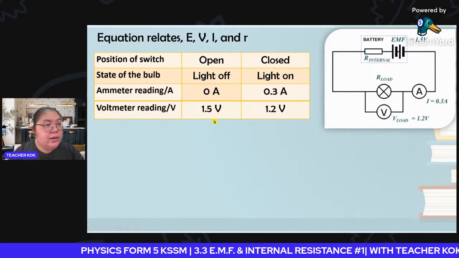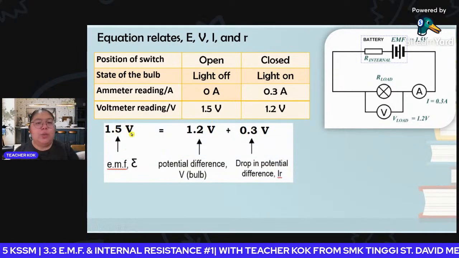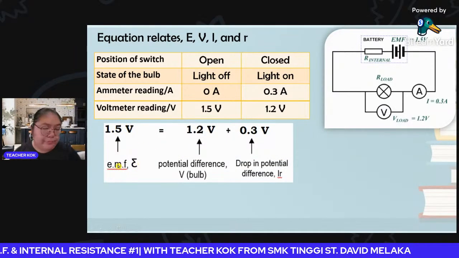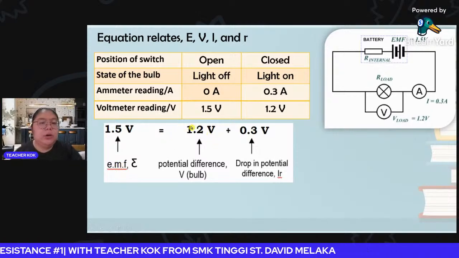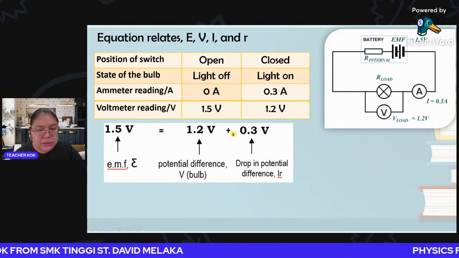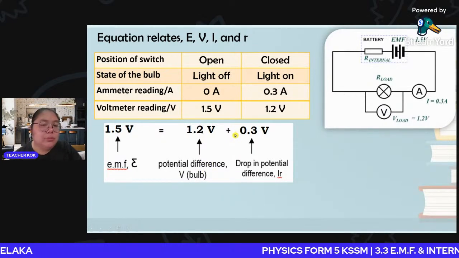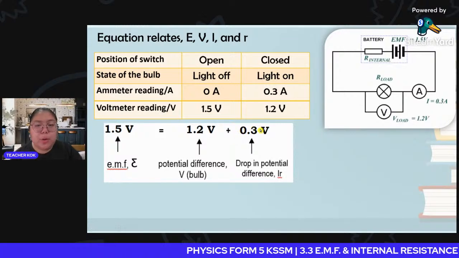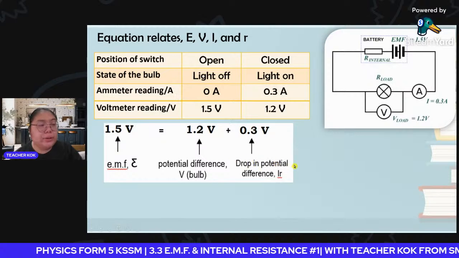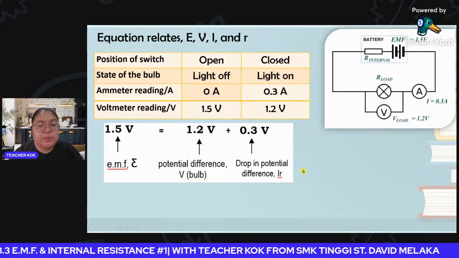Now I write the whole equation. 1.5 volt EMF equals 1.2 volt potential difference for the bulb plus what? The voltage drop. How much drop? 0.3 volt. This we call the drop in potential difference. The formula is I small r.